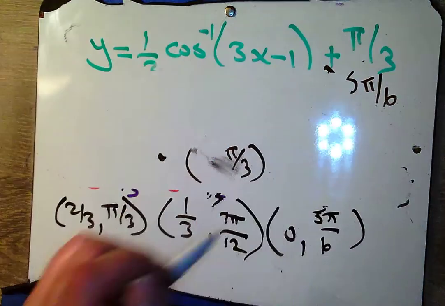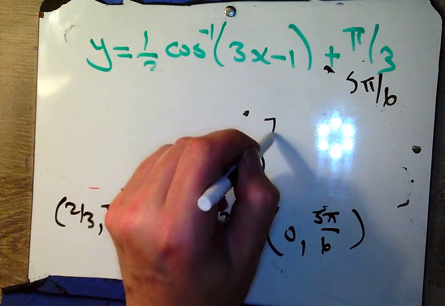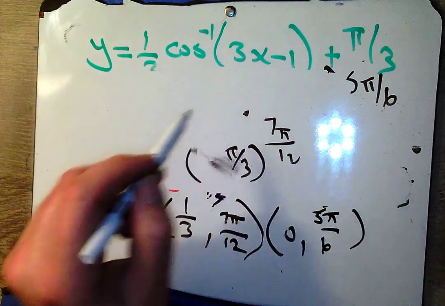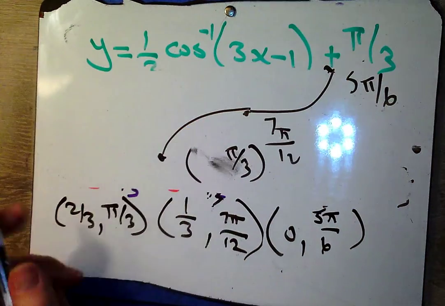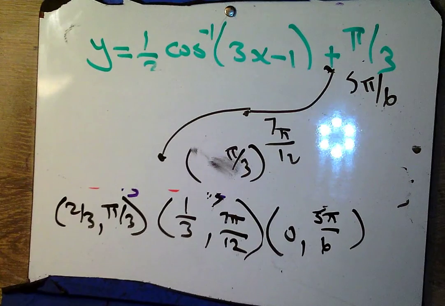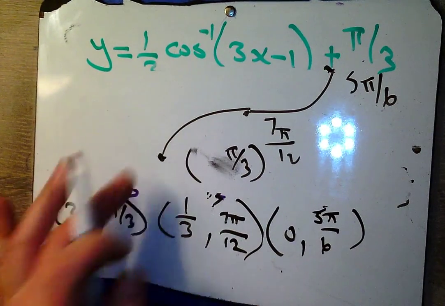Pi over 6. Pi over 12. Alright. I guess we still need to consider these x values.